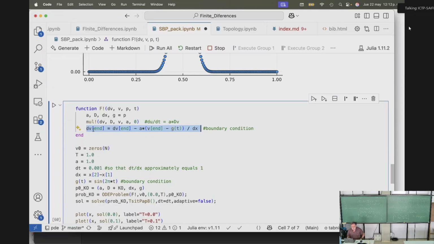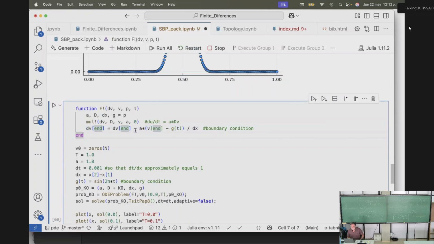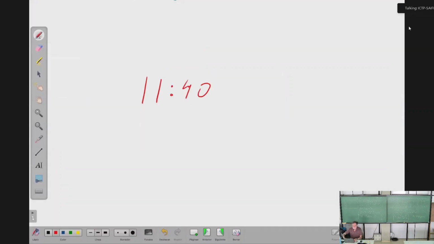So you see in the last point, you add a term that has a minus here, the value here, and minus the data you want to give, okay? So let me show you why this has to be like this.